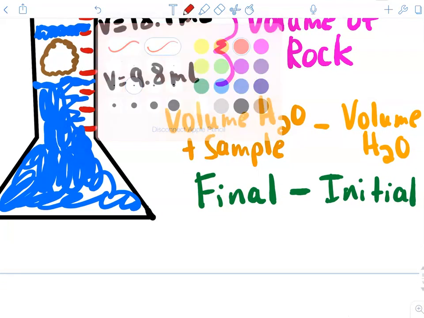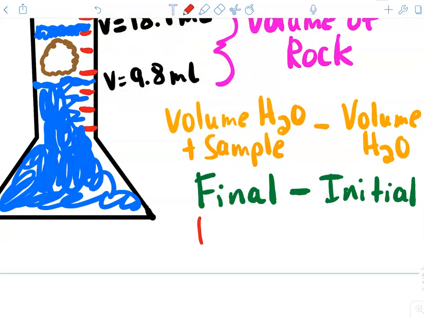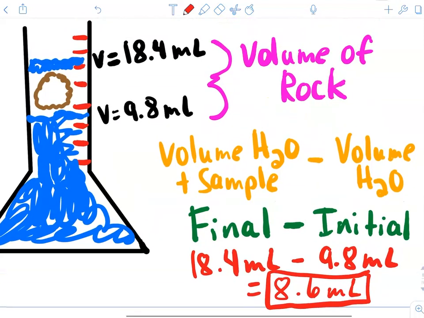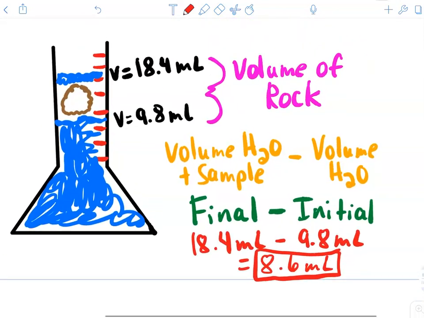So in this case, our final was 18.4 milliliters, and then our initial was 9.8 milliliters, which means that our final is 8.6 milliliters.